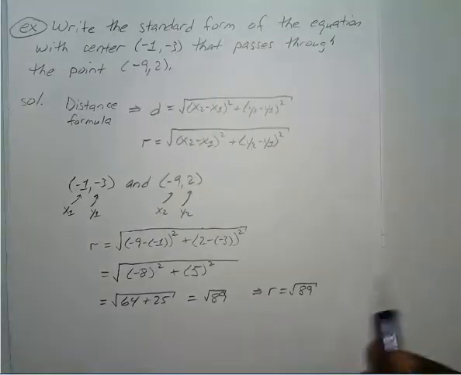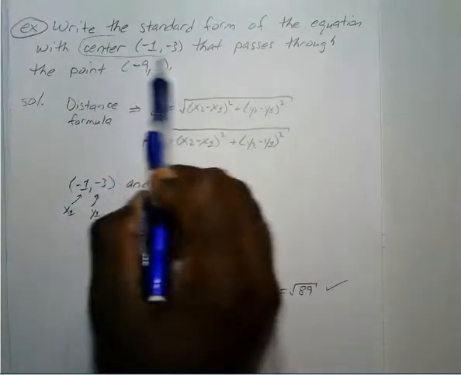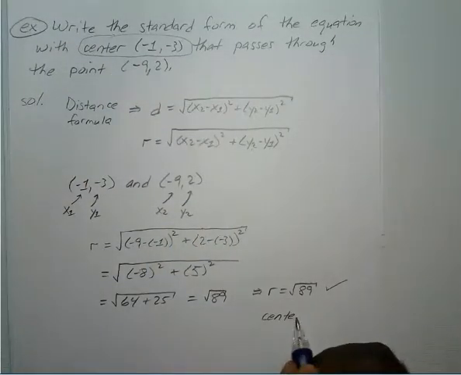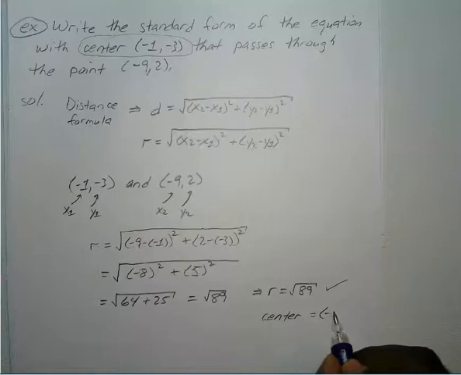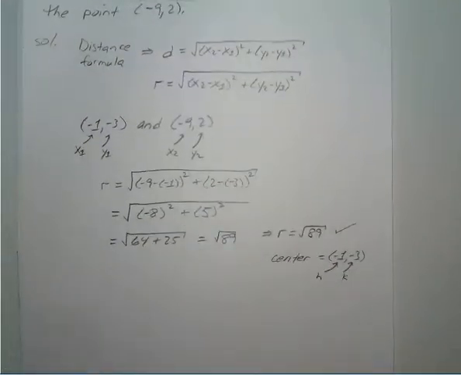Okay, so now we have our radius, and they already gave us our center. So the center is -1, -3, where that's your h, and that's your k. Okay, so now we just go ahead and plug it all in.